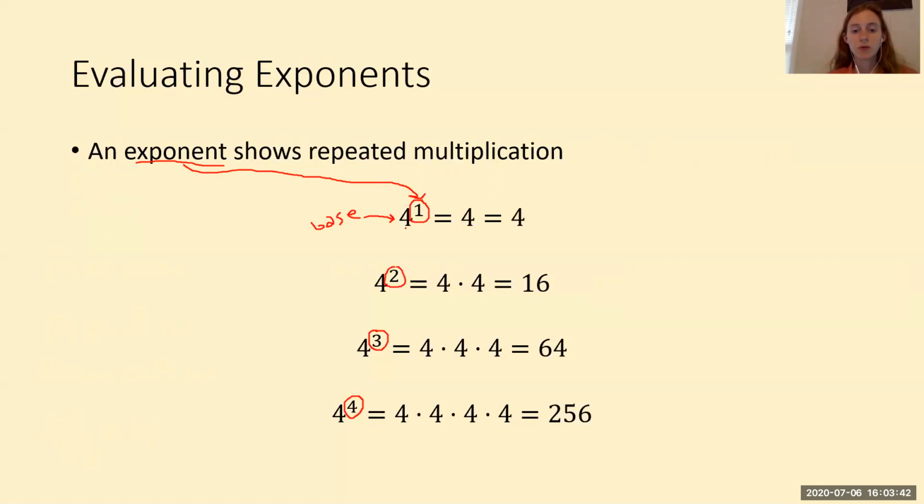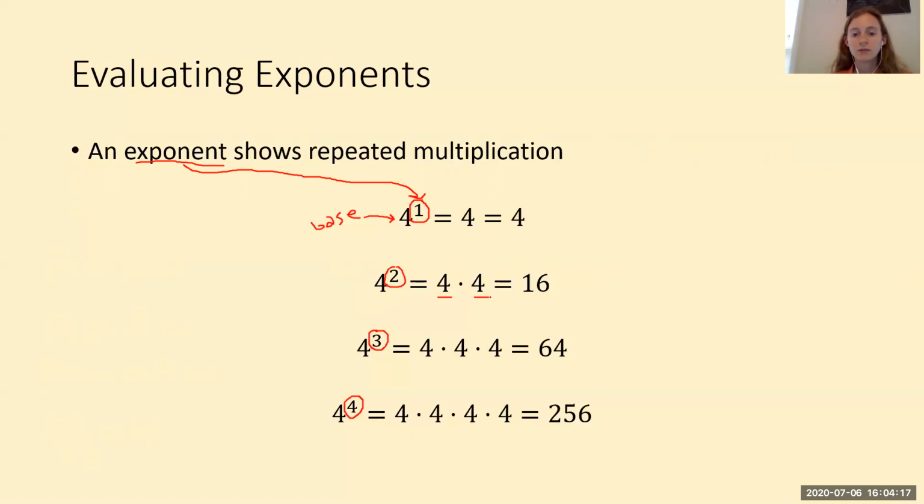So I start with this example of 4 to the power of 1. That means we just have 1 4. We don't even get the chance to do any multiplication. It's just 1 4 all by itself. So 4 to the power of 1 is actually just the same thing as 4. The next line here, we've got 4 to the power of 2, or 4 to the second power. You could say it either way. And that means we have 2 4s now, which we're multiplying together, which gives us 16, right?